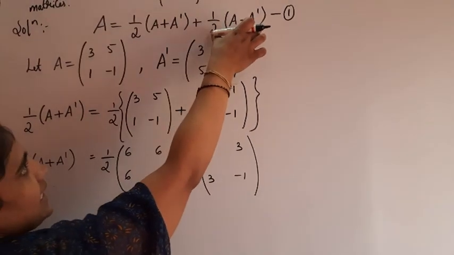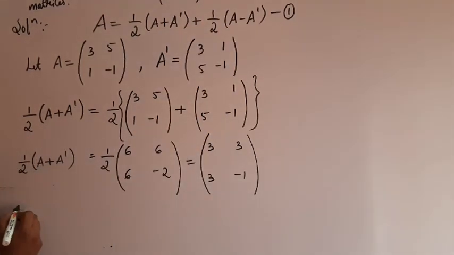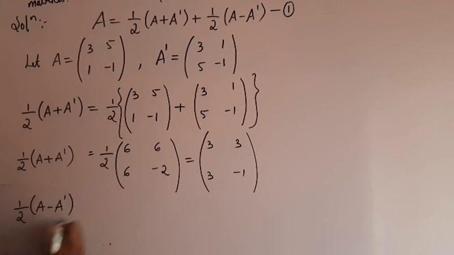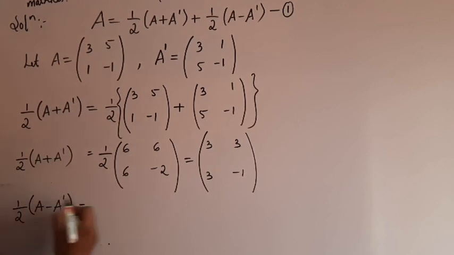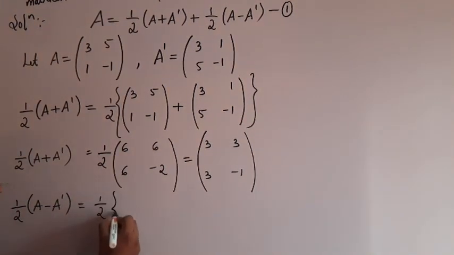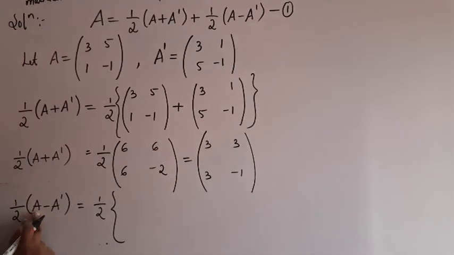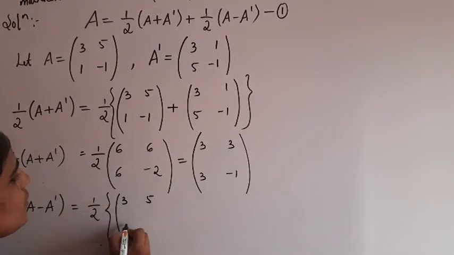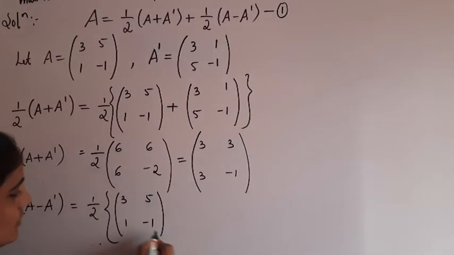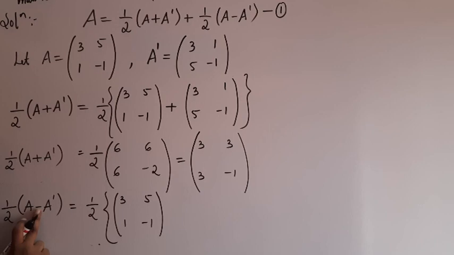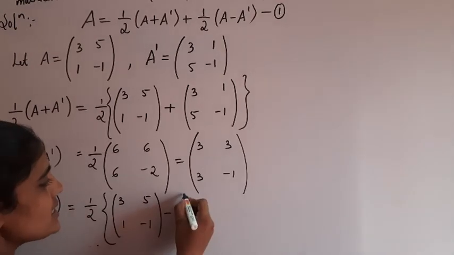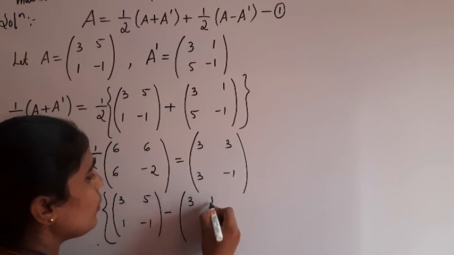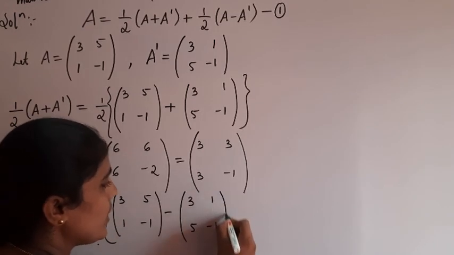Now let us take the second term of that equation. What is the second term? 1 by 2 into (A minus A dash). Write 1 by 2 as it is. Matrix A is 3, 5, 1, minus 1. The sign is minus, and A transpose is 3, 1, 5, minus 1.